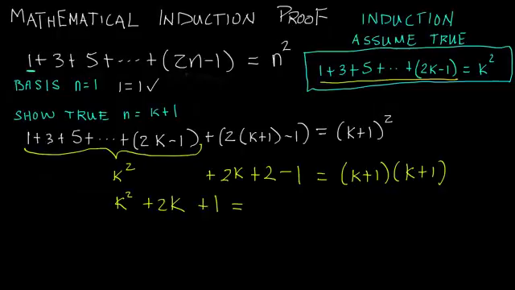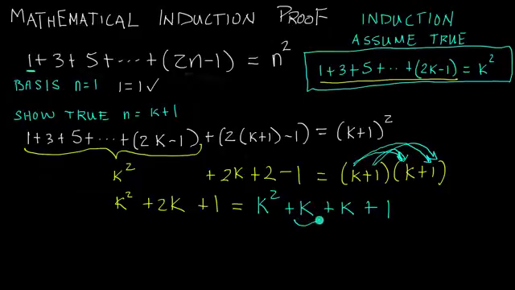For the right-hand side now, we have k times k, which gives us k squared. Then we have k times 1, which gives us a positive k. And then we have 1 times k, which is a positive k as well. And then we have 1 times 1, and 1 times 1 is equal to 1.